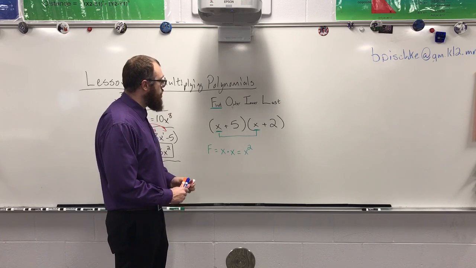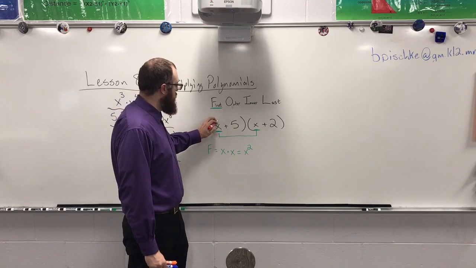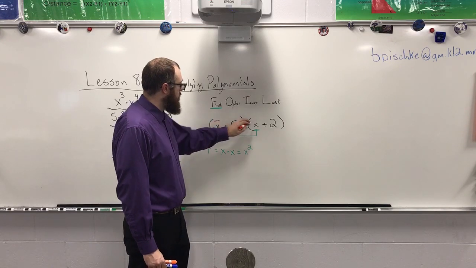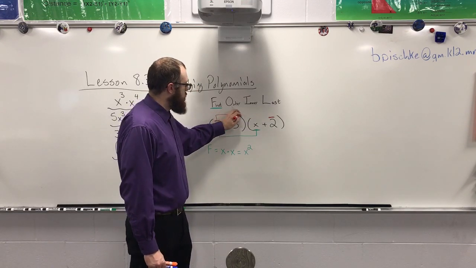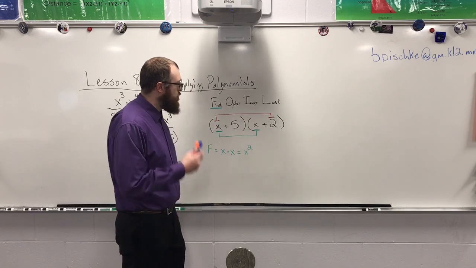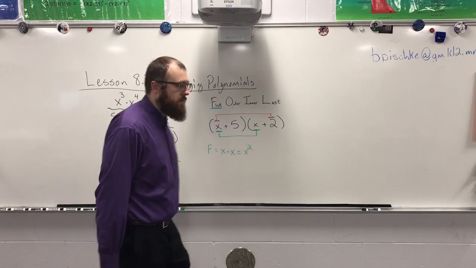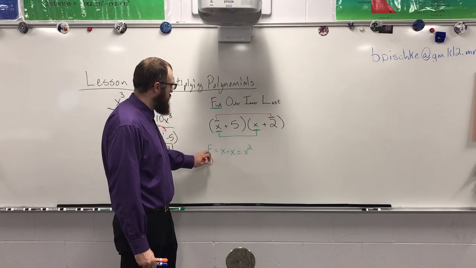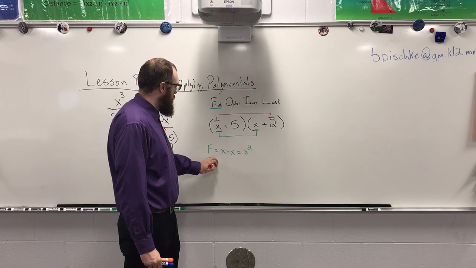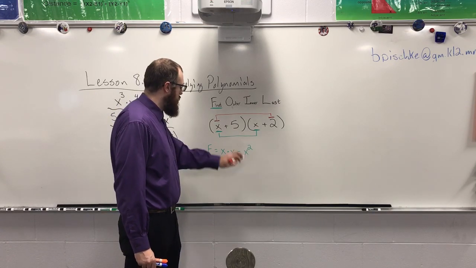The next term we're going to work with are our outers. Our outers are the two terms that are farthest away from each other. Way outside. Outsides. In this case, our outers are x times 2.